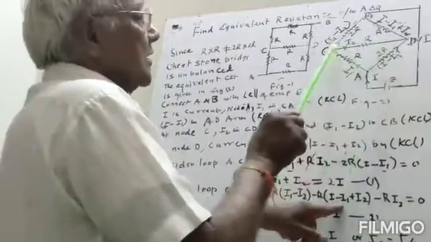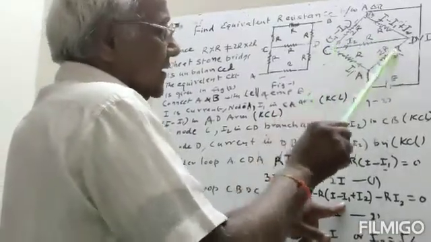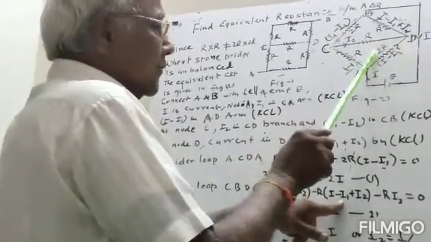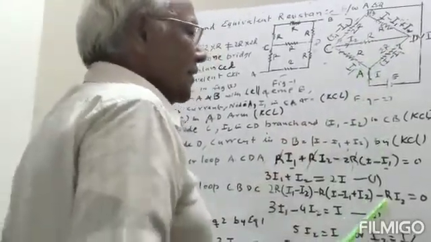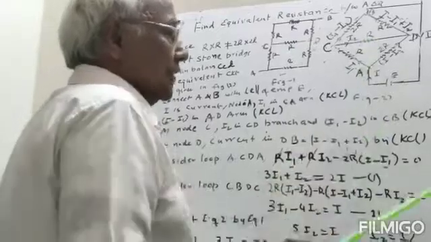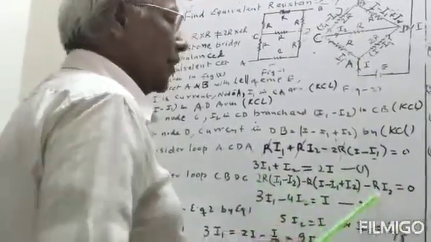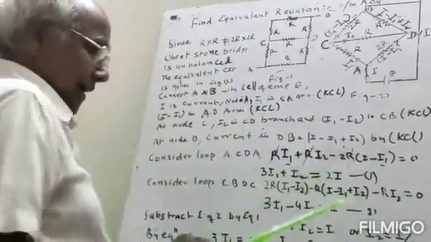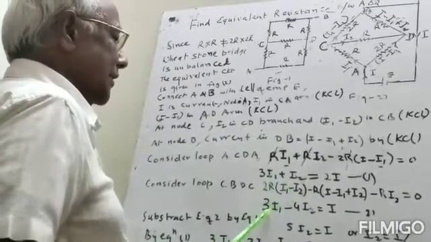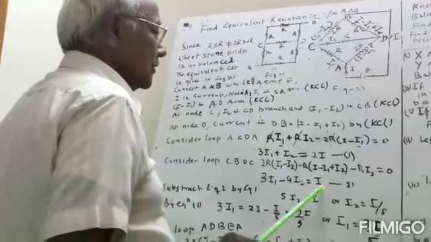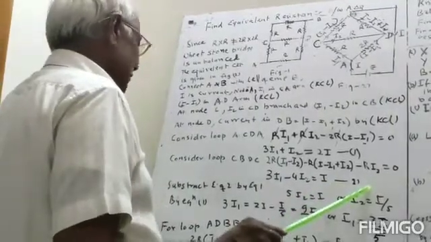And when we come here, the direction of current is this, and we are in the reverse direction, the loop direction is reversed, so it is again minus R into I2 current. This will be equal to 0. If we solve it, we can cancel R from all the expressions, and we will get 3I1 minus 4I2 equal to I. This is equation number 2.